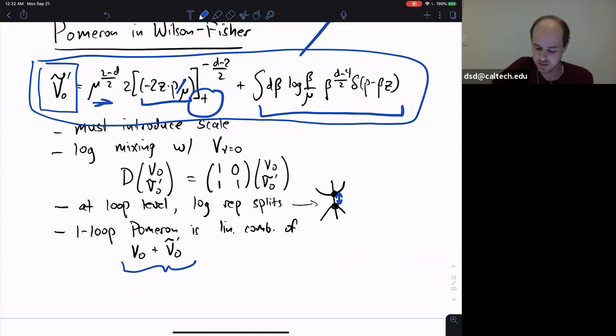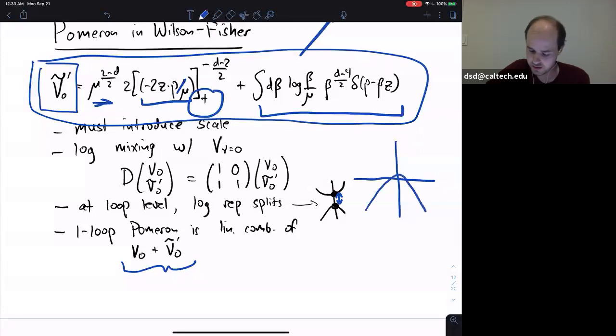So you get some anomalous spin here that naively would go like epsilon squared, but because of the way diagonalization works with these log representations, there's an interesting square root that appears, and you end up with an anomalous spin that's order epsilon. And that is interesting because it's related, confusingly enough, to the epsilon operator.